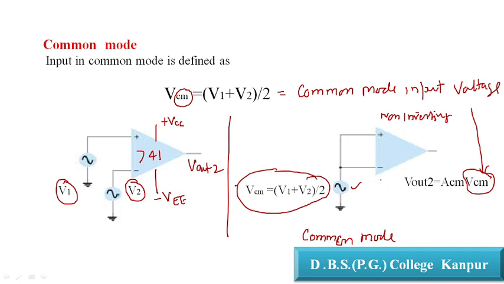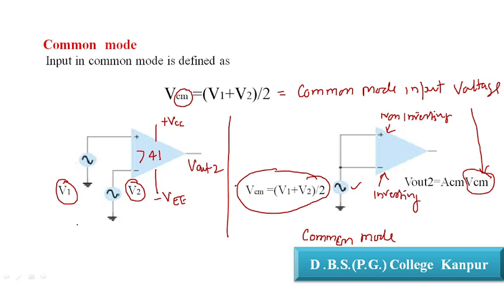So we apply the voltage VCM, which is V1 plus V2 upon 2, and that voltage applied is called VCM. In this condition you are getting the output voltage. Okay, let us change some color.